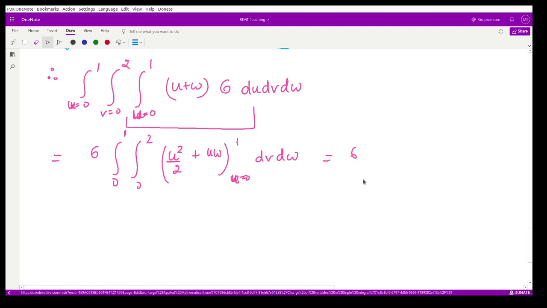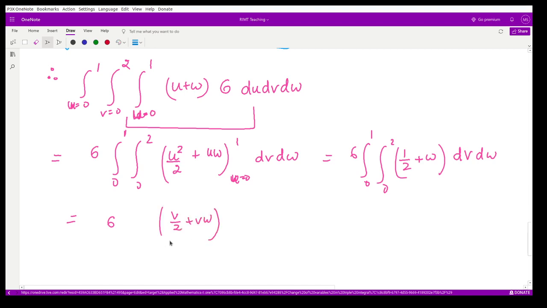So we have 6, integration 0 to 1, integration 0 to 2. Instead of u, we will write 1, and 0 for the lower limit. When you substitute the limits, its value is this one. Then we perform the integration with respect to v, so that would be 6 as such, its integration would be v by 2 plus vw, and the limits of v are from 0 to 2.